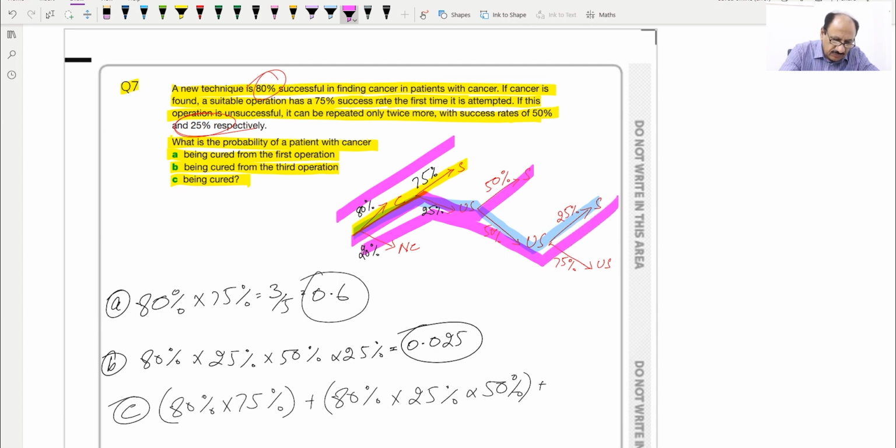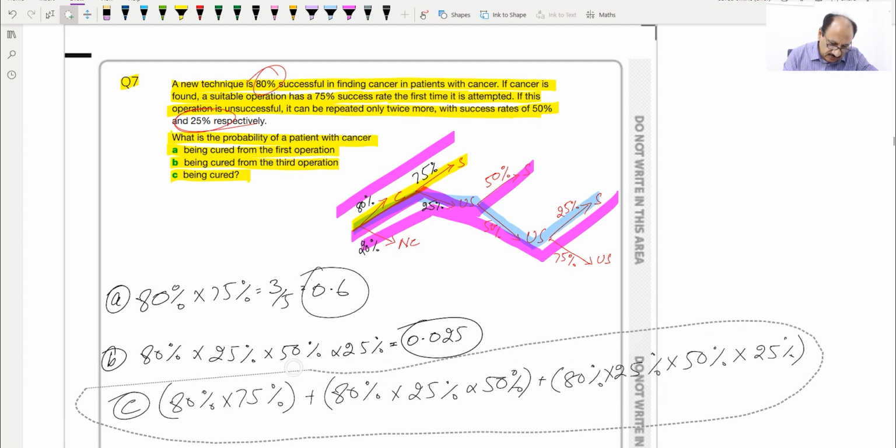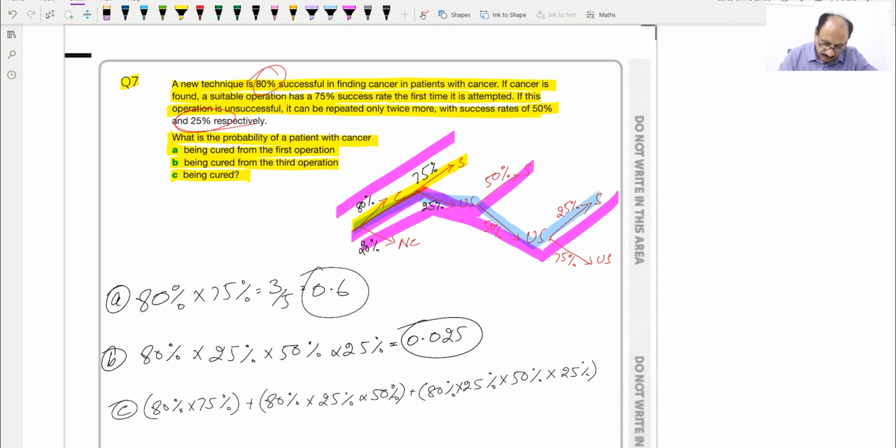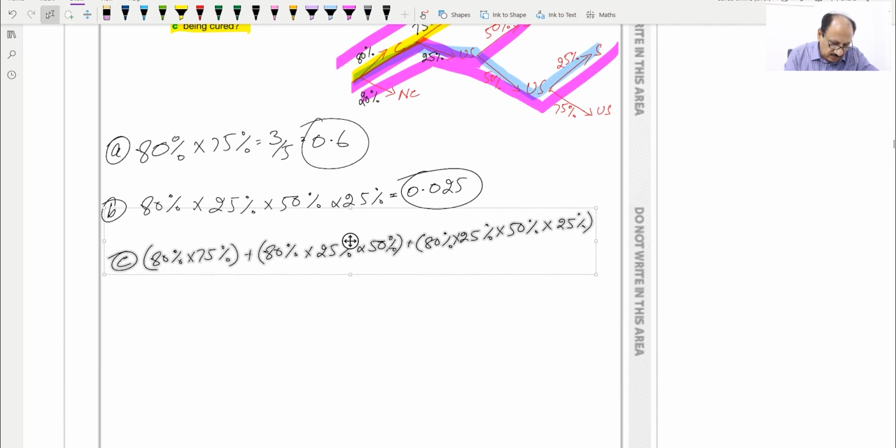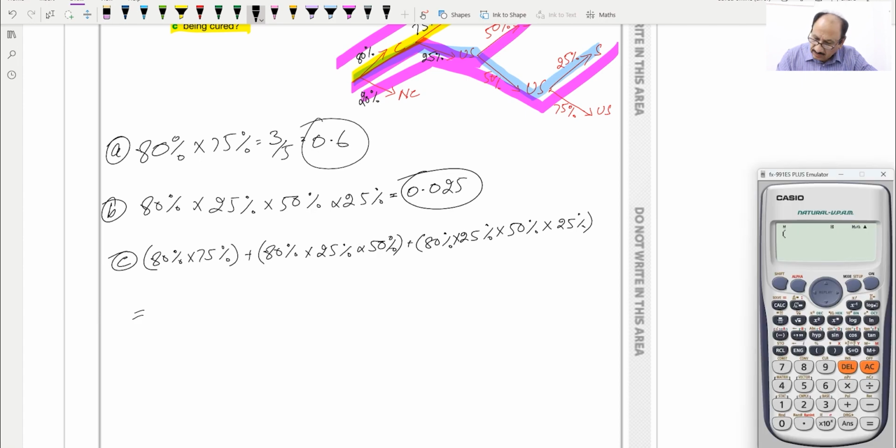So we can take it as 80% multiplied by 25%, 25% multiplied by 50%, and multiplied by 25%, and we will reduce the size according to our requirement here. And now we can add these.